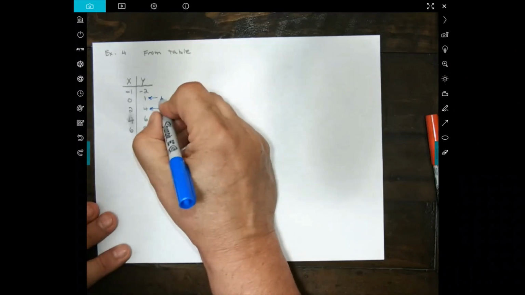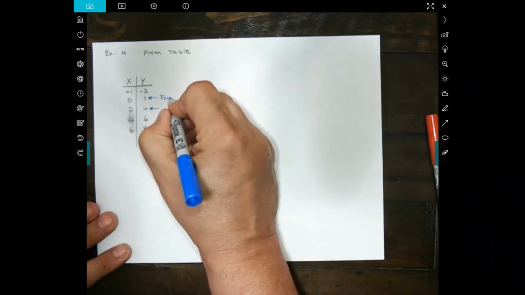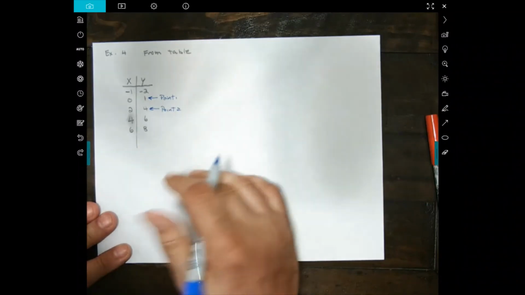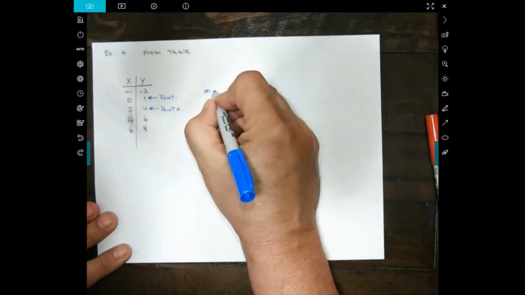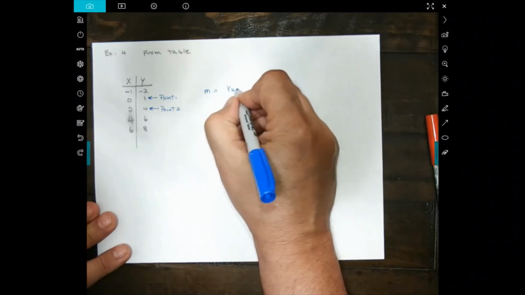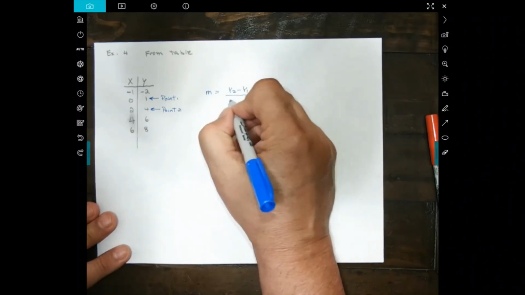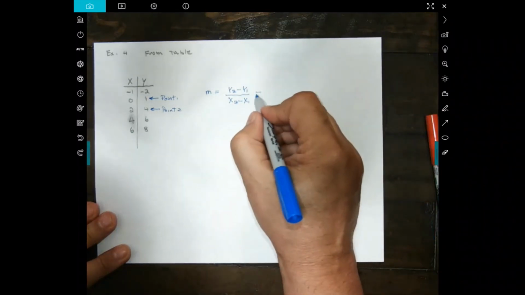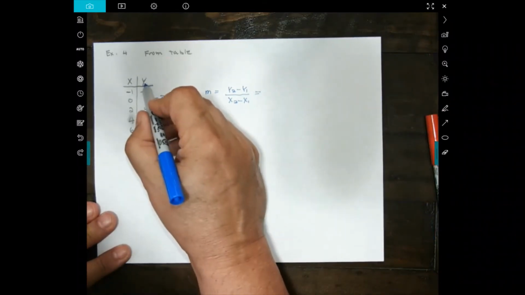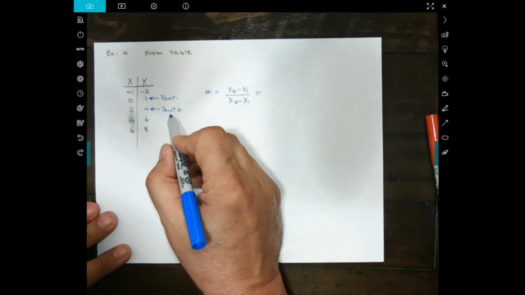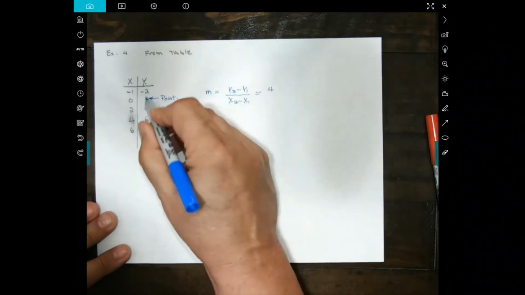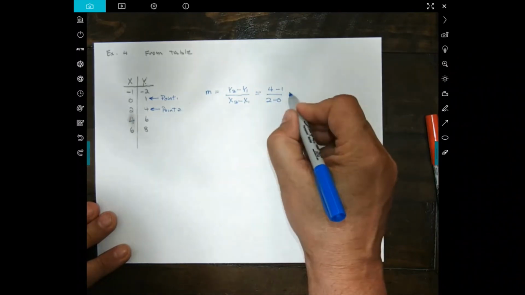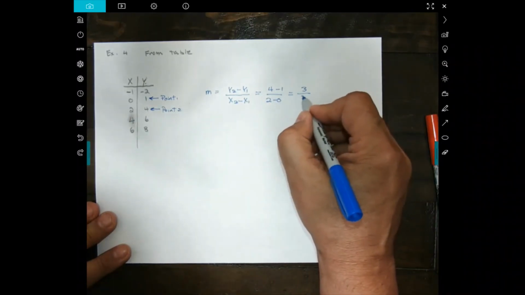Okay, so I'm going to call this point 1. This one point 2. And so my slope, using the slope equation, is y2 minus y1 over x2 minus x1. And these are my y's, these are my x's, so this is point 2, so it's going to be 4 minus 1 over 2 minus 0, and that's equal to 3 over 2.